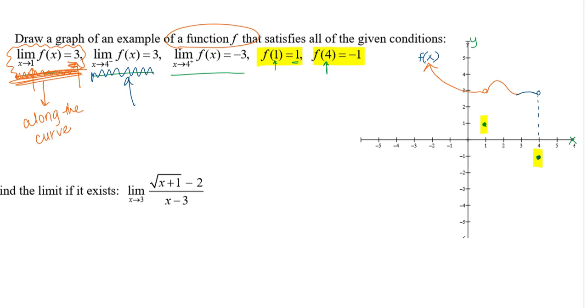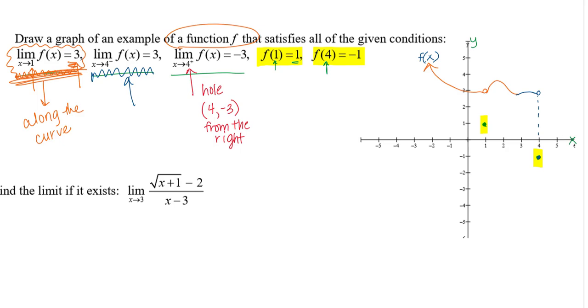And then the last limit that I have to satisfy says as you approach 4 from the right, you're going down to -3. So yes, there's a hole at 4, -3, but it needs to be from the right. So maybe writing it out this way helps as well.